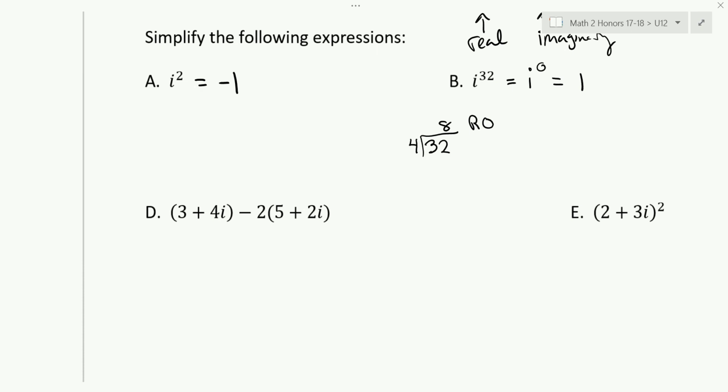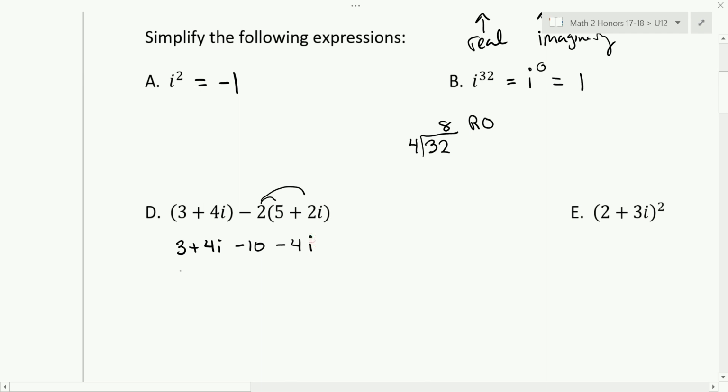So in this example here, it says to subtract, but I have a 2 out in front, so I'm going to multiply. I'm going to distribute by negative 2. I get 3 plus 4i, which I don't need parentheses around that. And then negative 2 times 5 gives me negative 10. And negative 2 times positive 2i would be negative 4i.